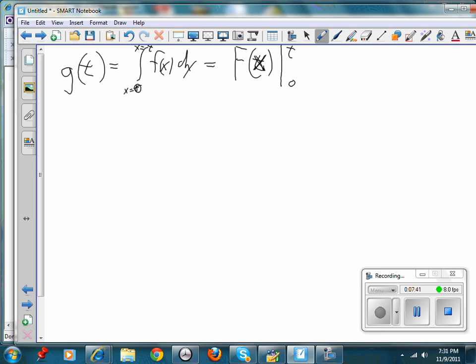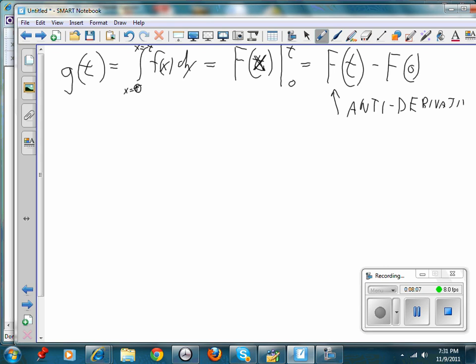What's this t and 0 notation? This is the big cap F of t minus big cap F at 0. What is this thing called? This is called the antiderivative, the inverse of the derivative.